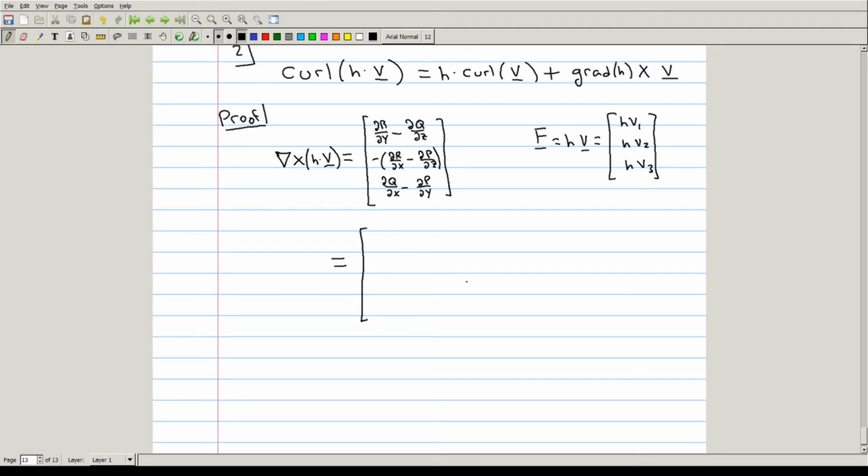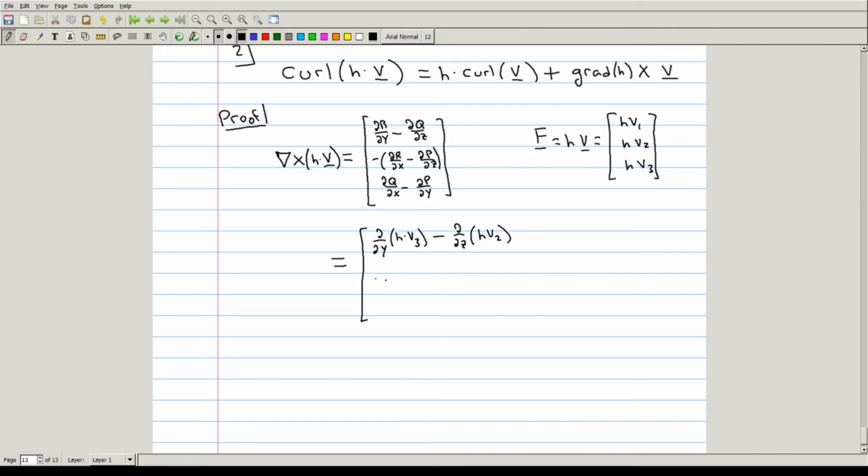So this curl is going to be equal to the y partial derivative of R, which is H times V3, minus the z partial derivative of Q, which is H times V2.